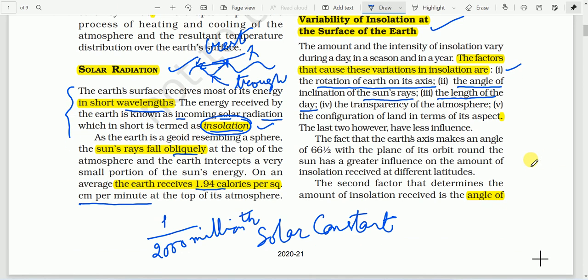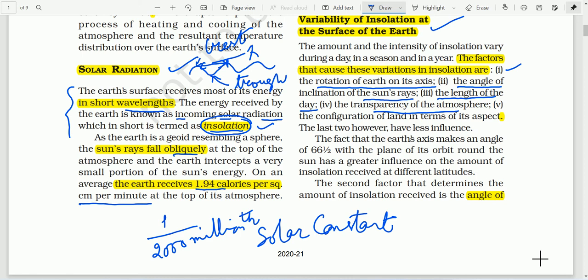So another factor here is transparency of the atmosphere. In the previous chapter, we learned that the atmosphere contains lots of dust particles. And if there are lots of dust particles in the atmosphere, then we receive less solar radiation.